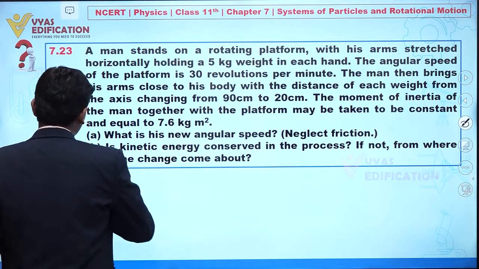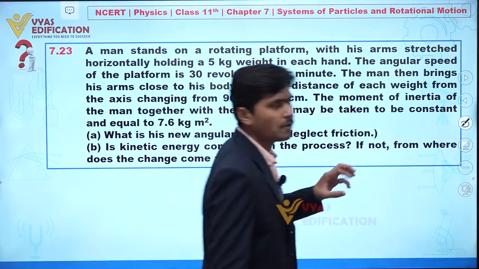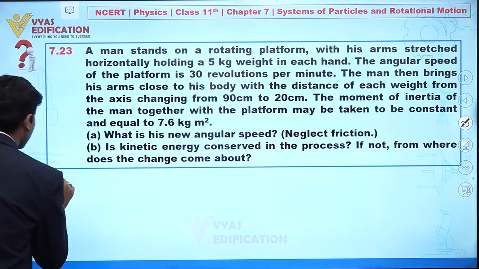First I will find the initial moment of inertia.